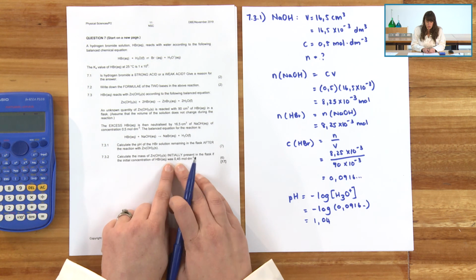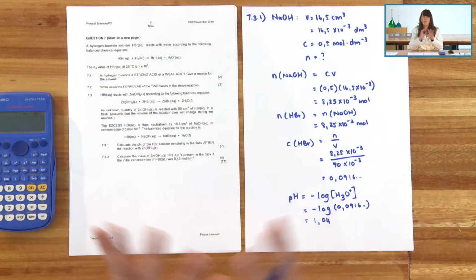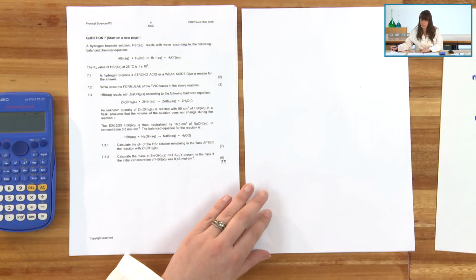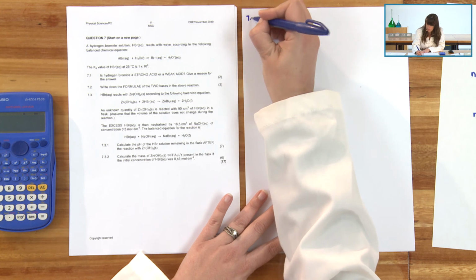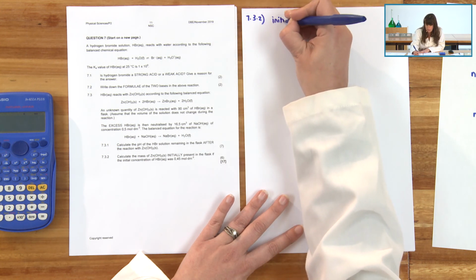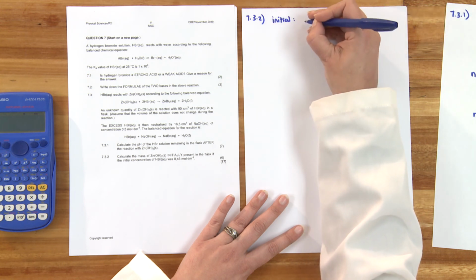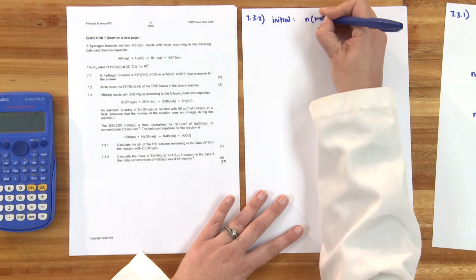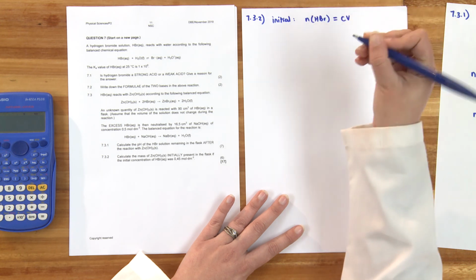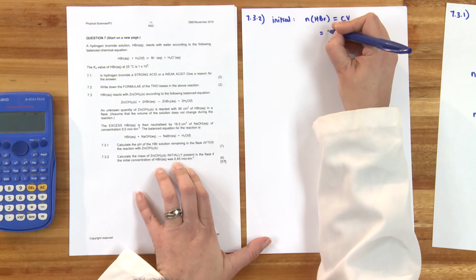And now we also know the concentration of the initial, so we can find out how much we started with, how much was left over, and therefore how much reacted in between. So let's start with that. 7.3.2. We're looking at initially our number of moles of HBr is going to equal concentration times volume. The initial concentration, they told us, was 0.45.